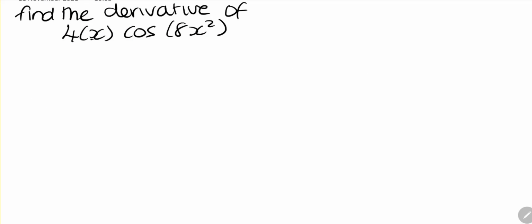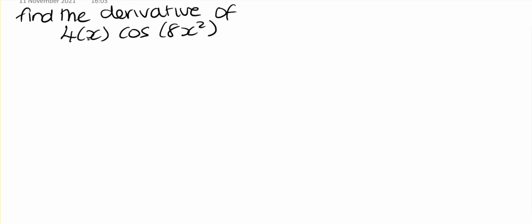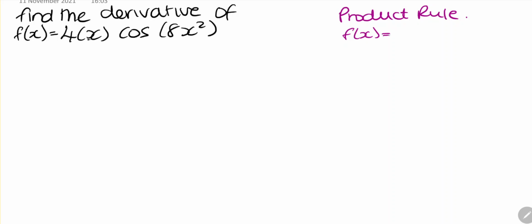Okay, so you can try this question and then we'll have a look. Right, so first of all, we have this function f of x is equal to 4x cosine of 8x squared. So we're going to use the product rule. Our f of x is 4x.